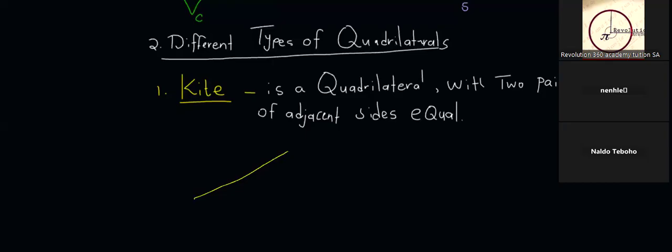Then we label that as A, B, C, then D. Since this is a kite, a quadrilateral with 2 pairs of adjacent sides being equal, it means this side is going to be equal to this side, and then this side, AB, is going to be equal to BC, because that is a kite.